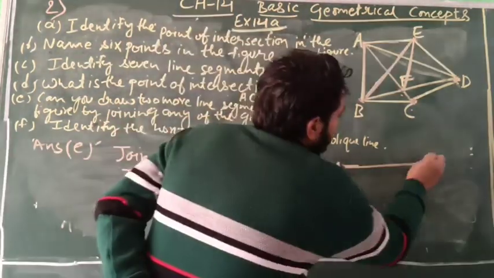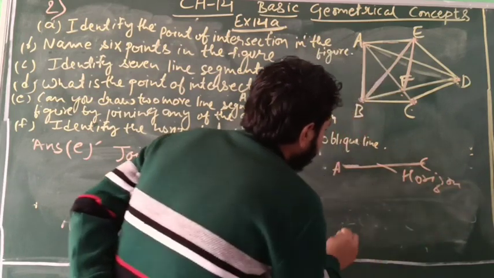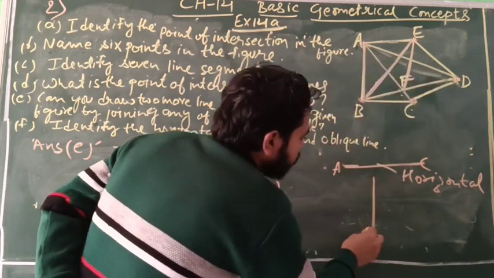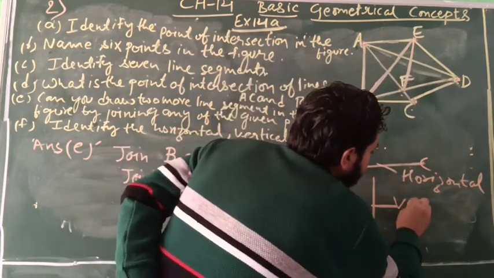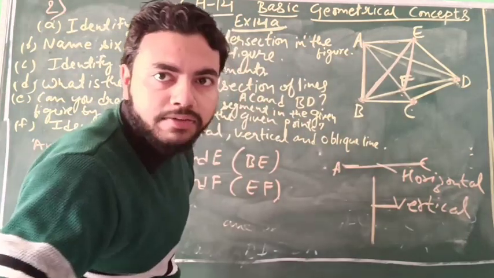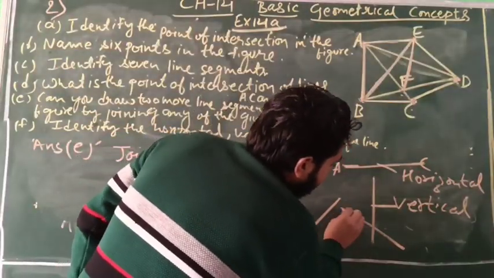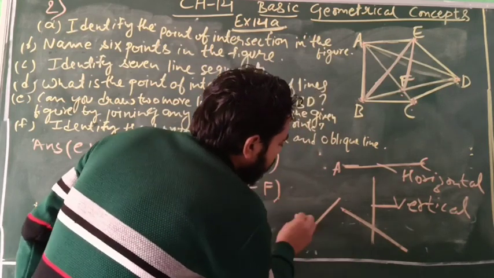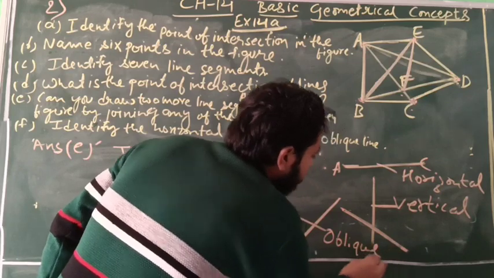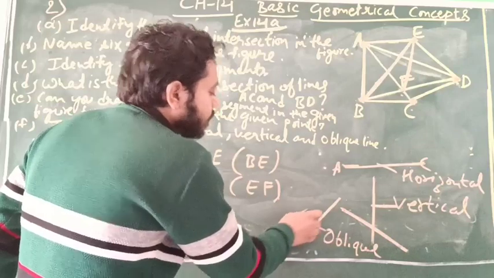So this line is called a horizontal line, and if the line is in standing position, it is called vertical, and if the line is slanted like that, it is called an oblique line.